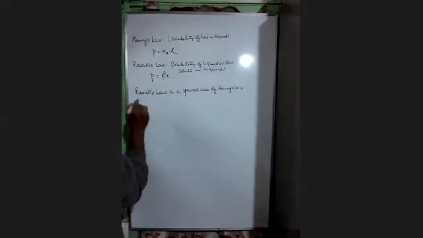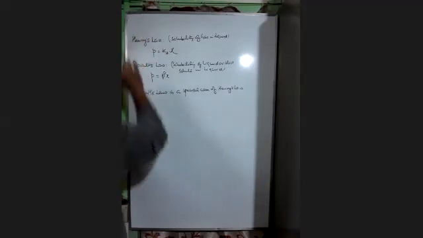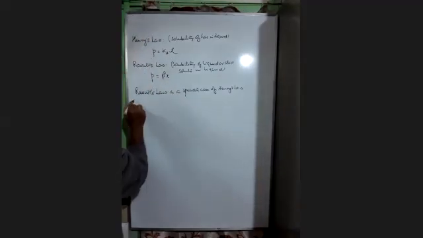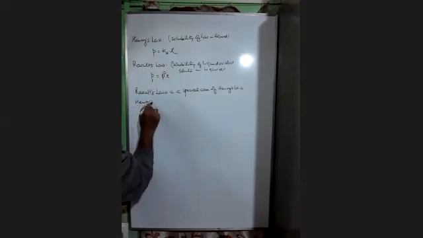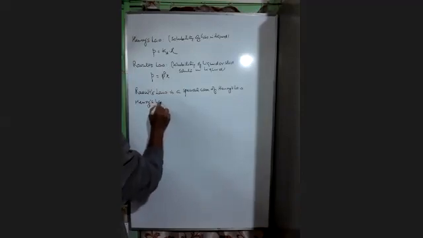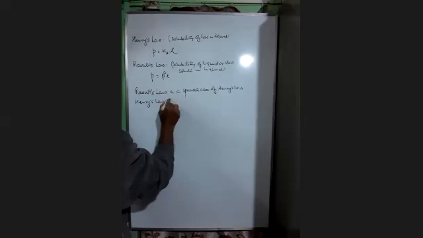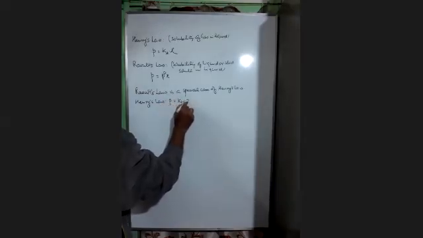So what can we write here? Henry's law, I can write it here, and Raoult's law here. Henry's law: P is equal to Kh into chi.